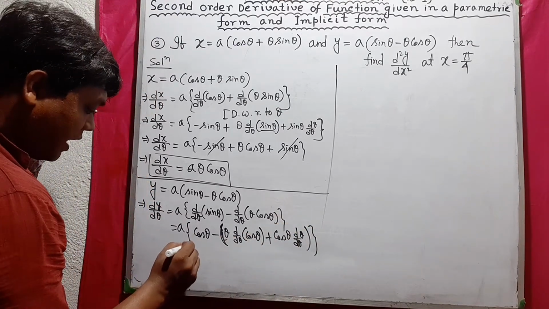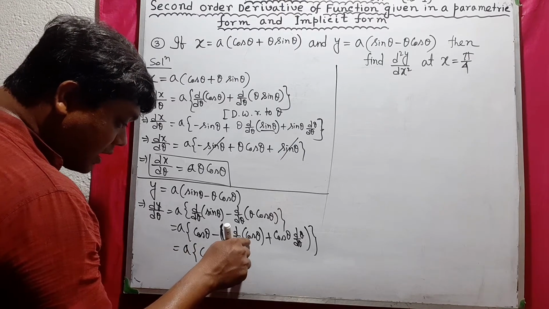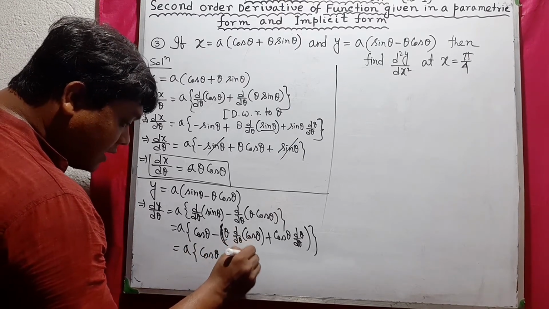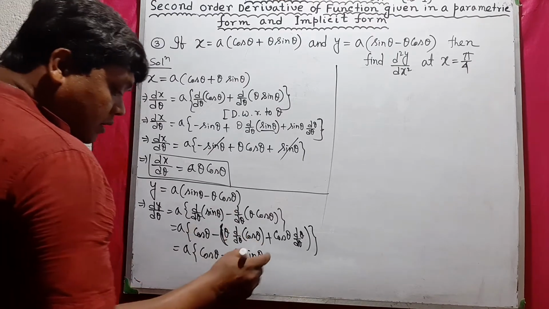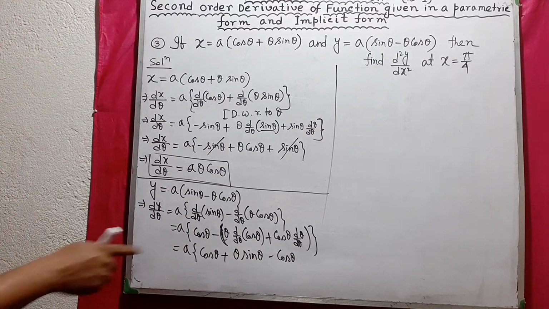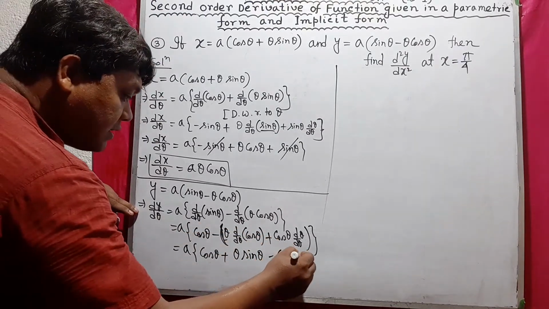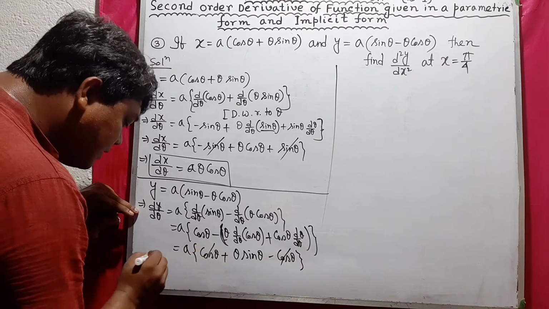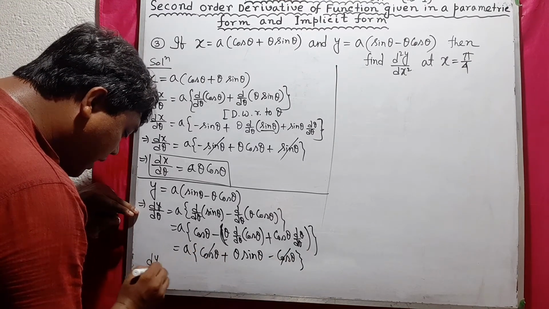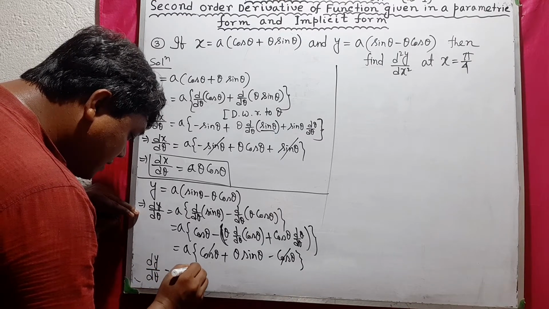So a into (cos theta minus theta cos theta derivative, sine theta), so minus cos theta. This is plus, because there is a minus sign here, minus minus plus, and this is already minus. So cosine theta minus cosine theta cancels, so dy/d theta equals a theta sin theta.